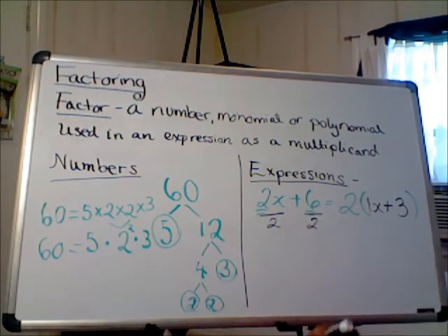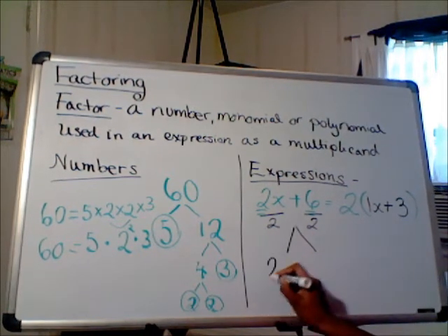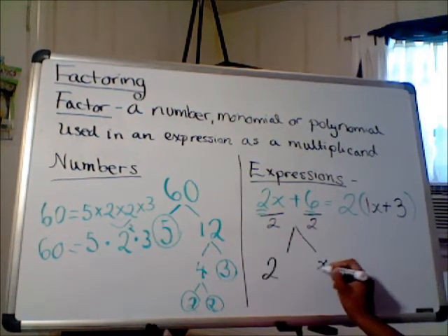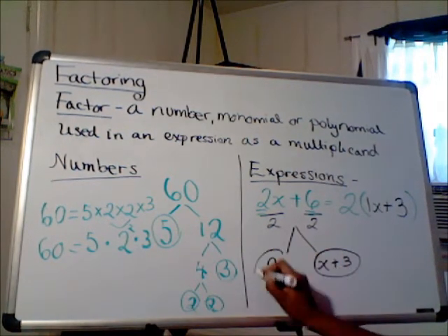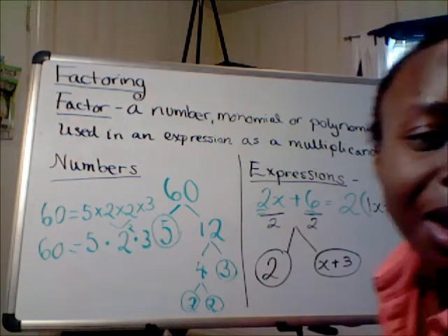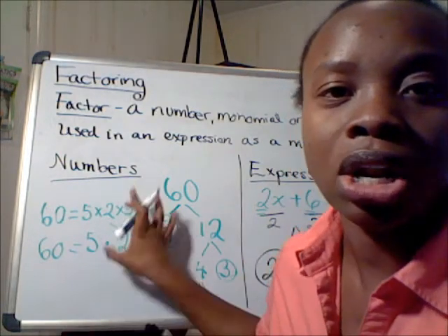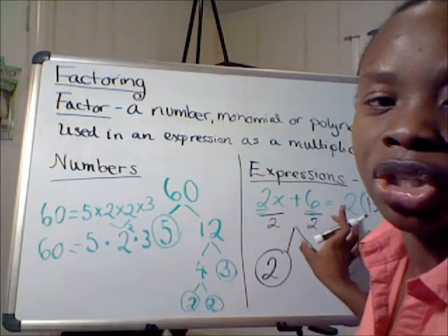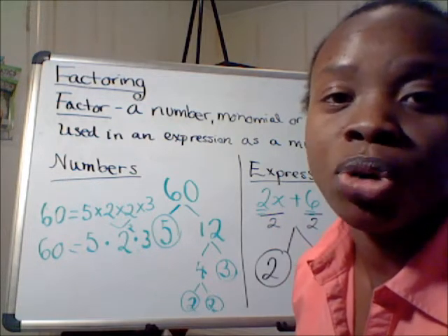So my two factors of 2x plus 6 will be 2 and x plus 3. These are my two factors of 2x plus 6. So there you can see the difference between factoring a number and factoring an expression. As we get into this semester, we're going to be talking about that in more detail.